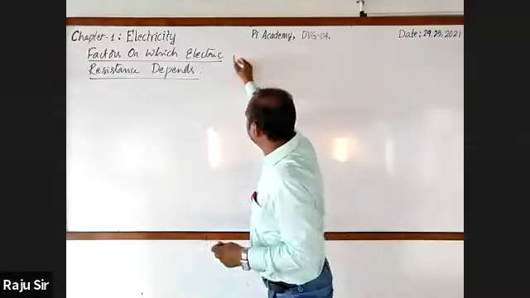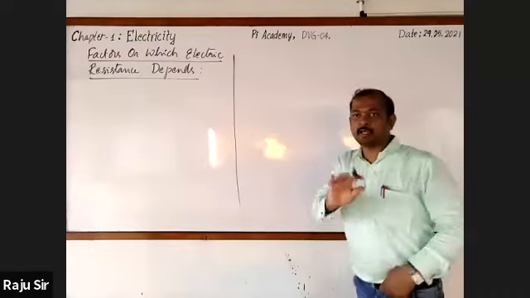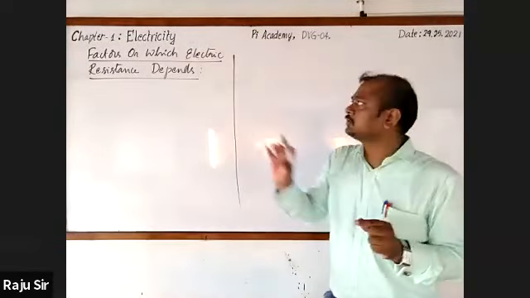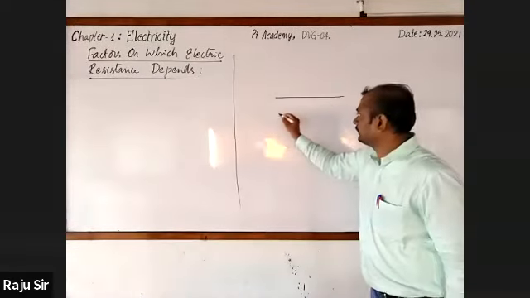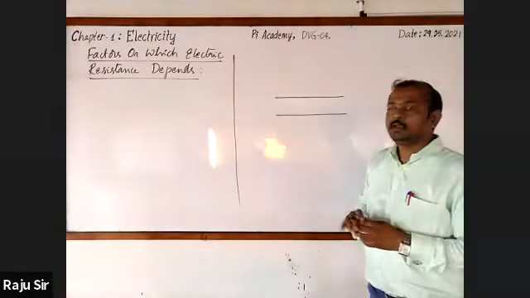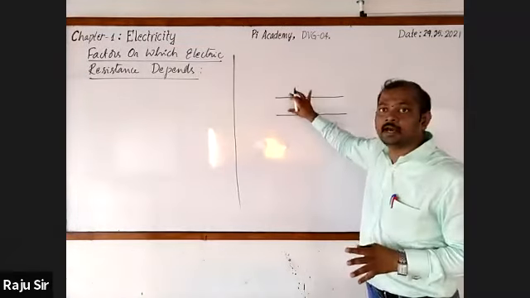Okay, observe. Actually, we have an activity in the textbook, but apart from that, I'm going to give you these factors with a general understanding. Just imagine I'm taking a conductor, and this is its enlarged part.